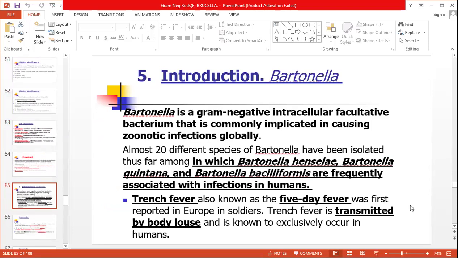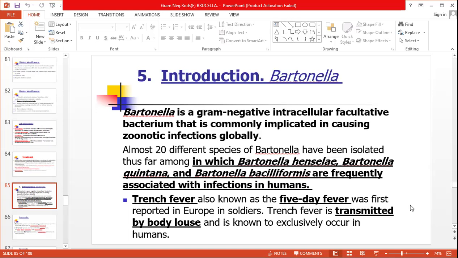Bartonella. Bartonella is a gram-negative intracellular facultative bacteria that is commonly implicated in causing zoonotic infections. It is also known as trench fever, or the 5 days fever, first reported in Europe with soldiers.